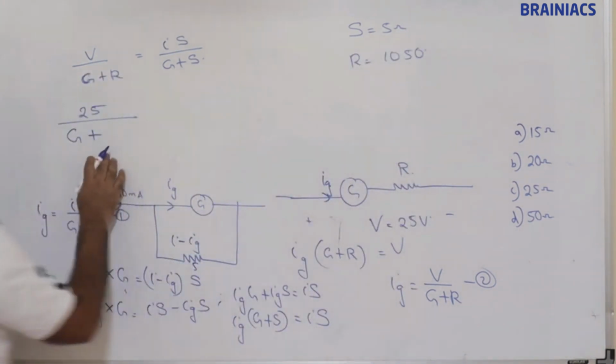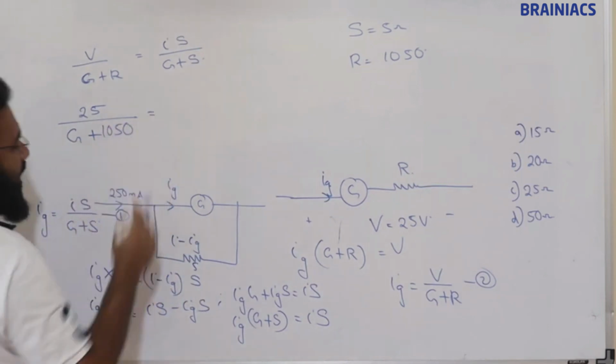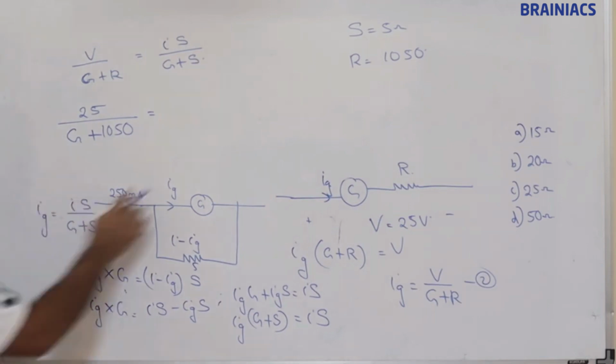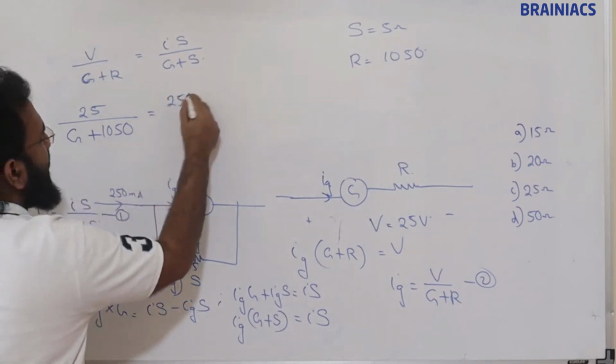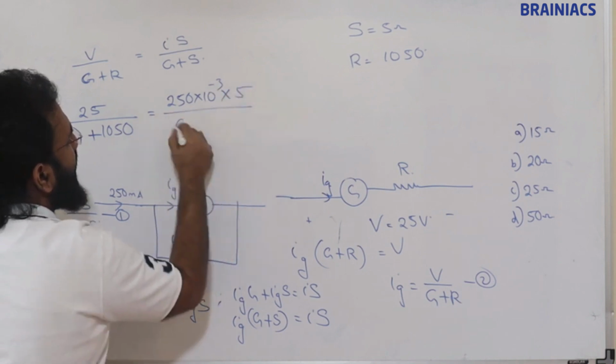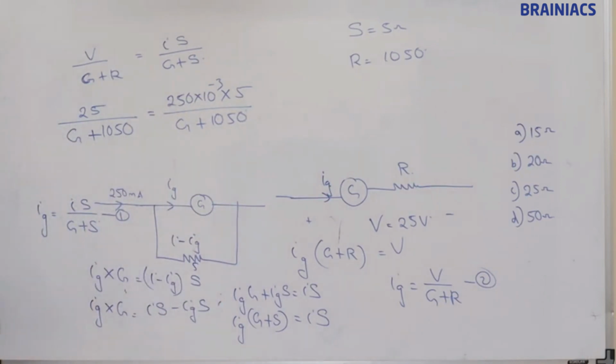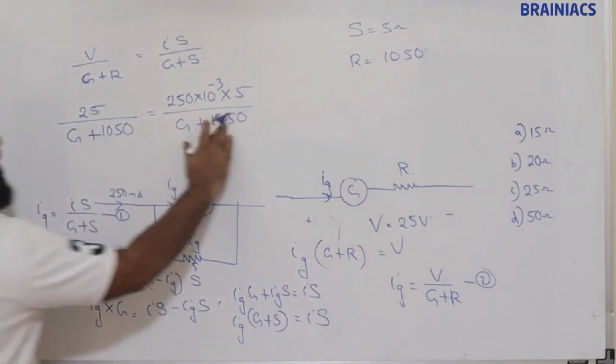So 25 over (G plus 1050) equals the main current, 250 into 10 raised to minus 3, into 5, divided by (G plus 5). Sorry, this is G plus 5.